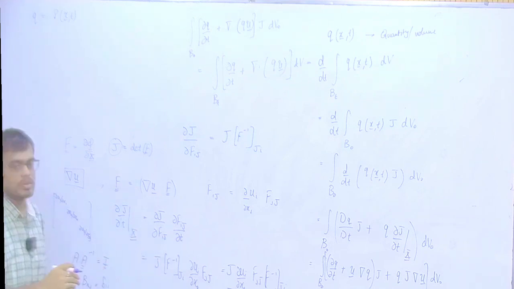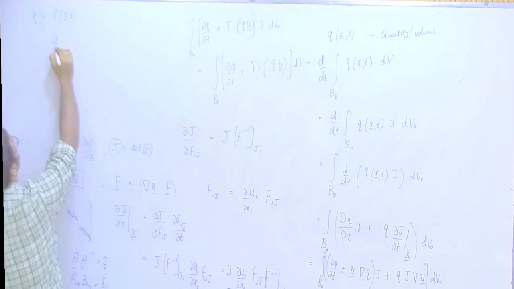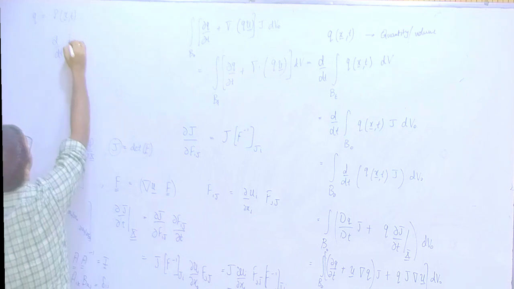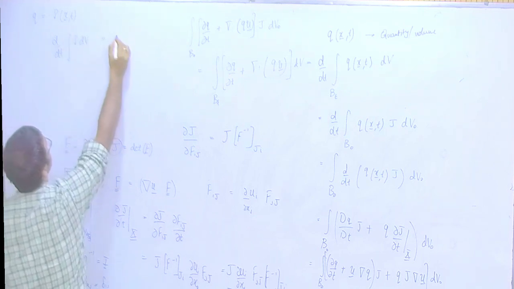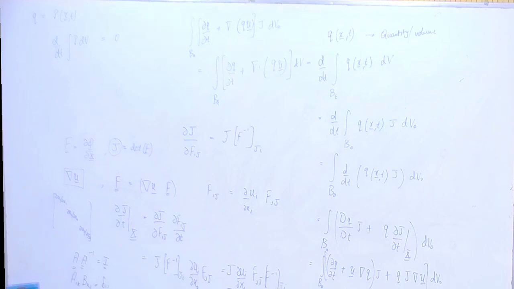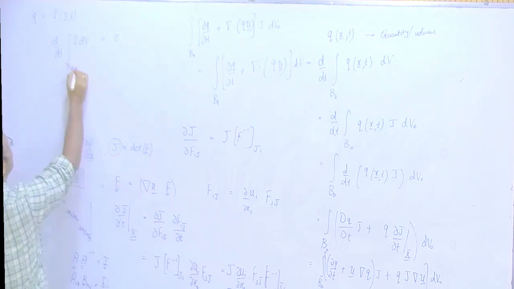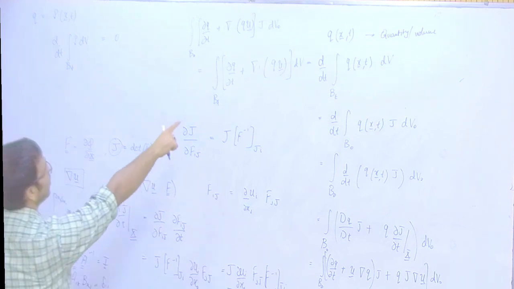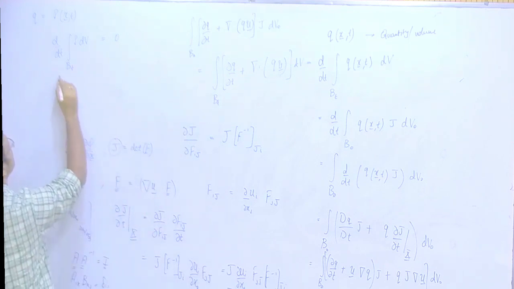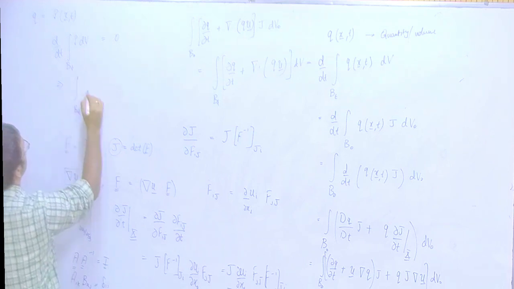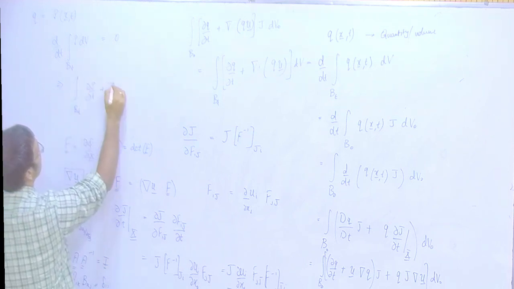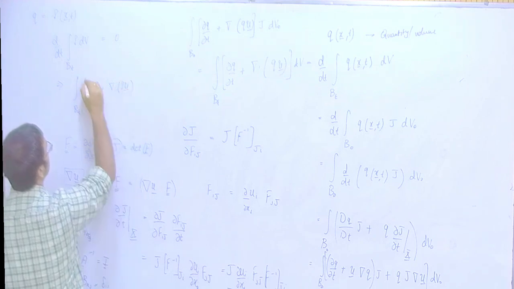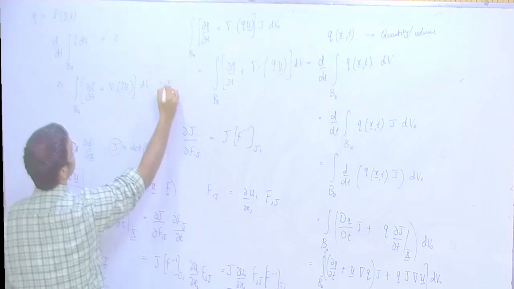So the mass of a blob in isolation is not going to change. So I know that in the non-relativistic regime, this quantity is 0. To be exact, this quantity integrated over the instantaneous shape of the blob is 0. And now applying the Reynolds transport theorem, this means that this guy is 0.